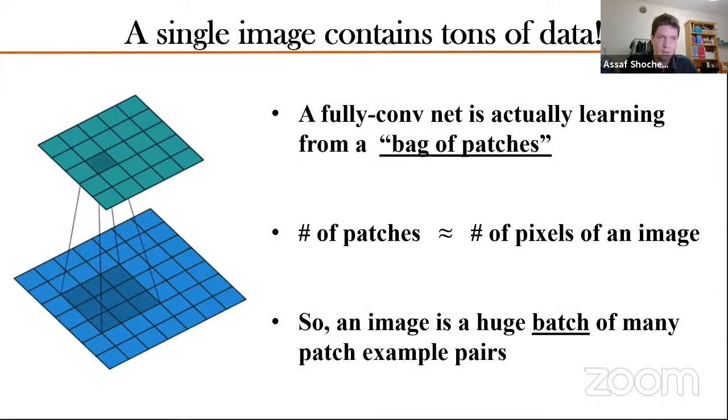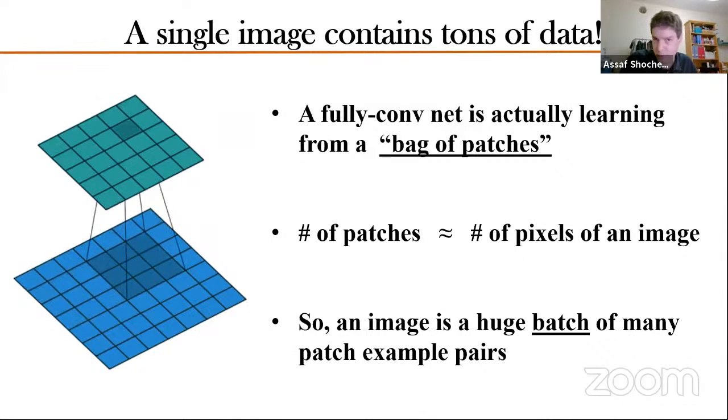So you can get hundreds of thousands of data instances just inside a single image. And whenever you feed this into a network, you can see it exactly as if you were training on this batch of patches.